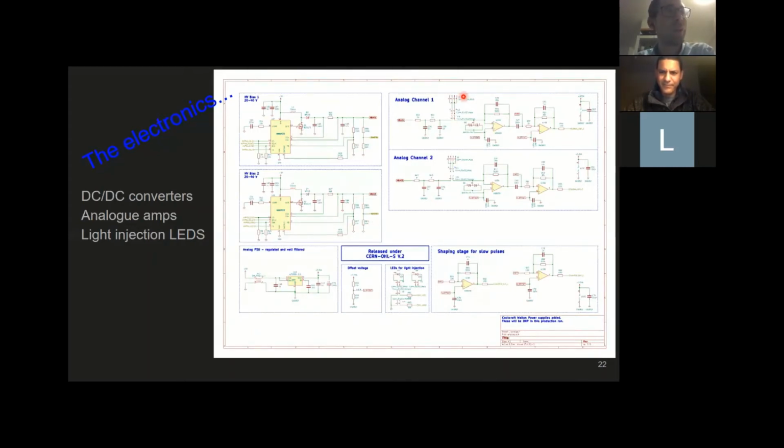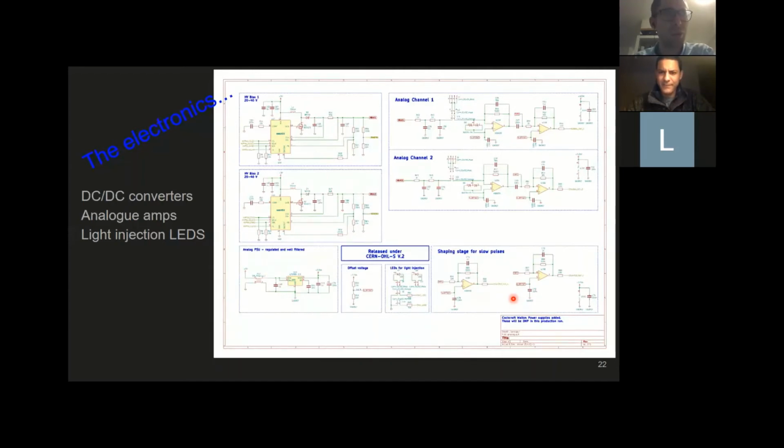Over here we have our analog amplifiers. So we have 2 op-amps, in a dual op-amp package from Analog Devices, so one for channel A and one for channel B. And then we also read out in the middle, you can see this tap here, the signal, and we put it through a shaping stage, which is down here, for a slow pulse, which is connected to the ADC of our microcontroller.